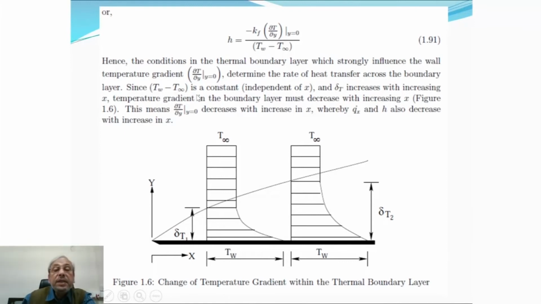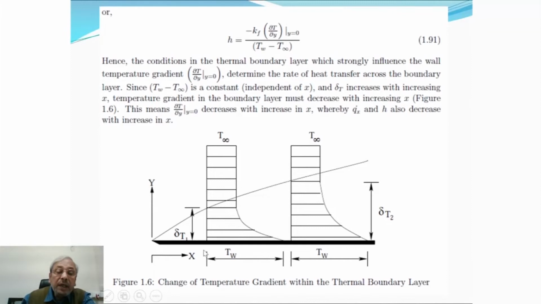Since Tw minus T infinity is a constant and delta T increases with increasing X, the temperature gradient in the boundary layer must decrease with increasing x. Very clear, because from the wall temperature we will reach T infinity, the free stream temperature, through the thermal boundary layer.